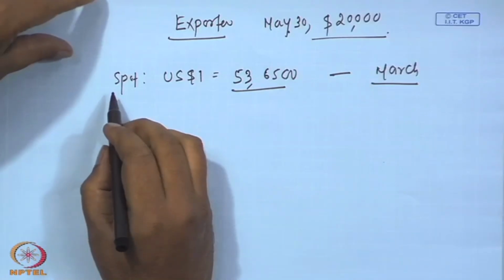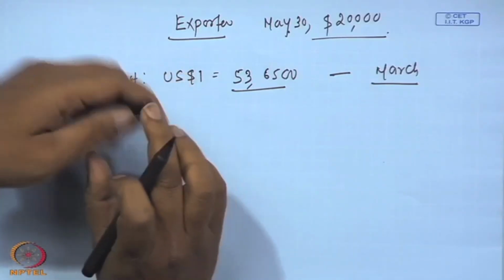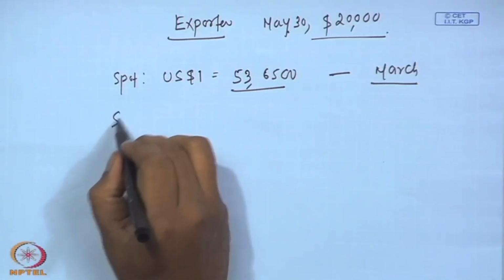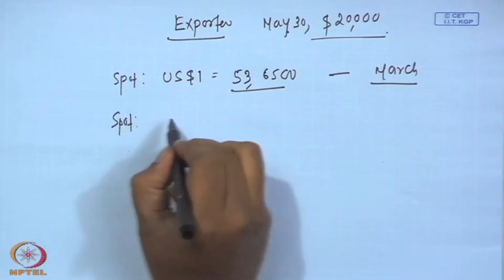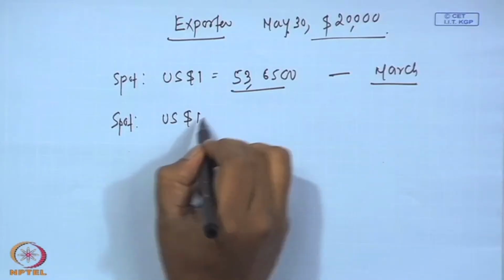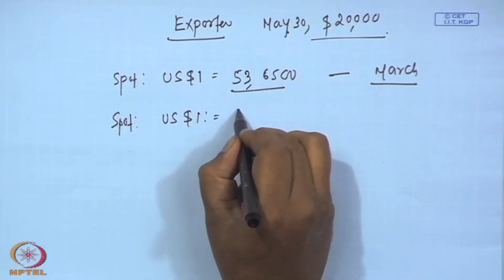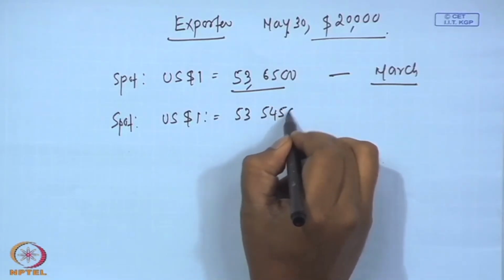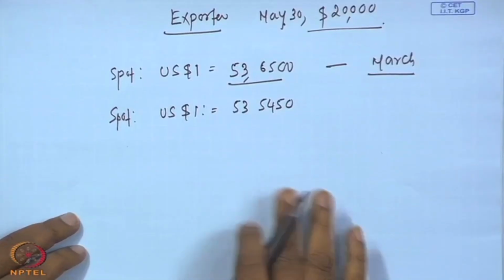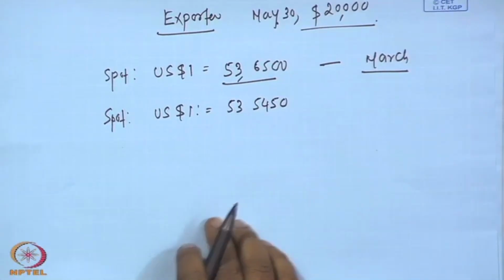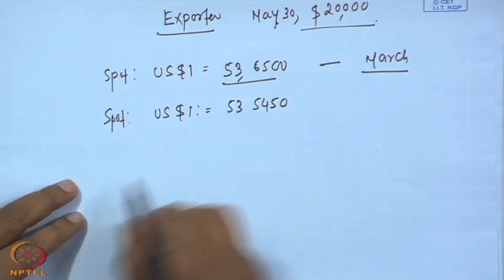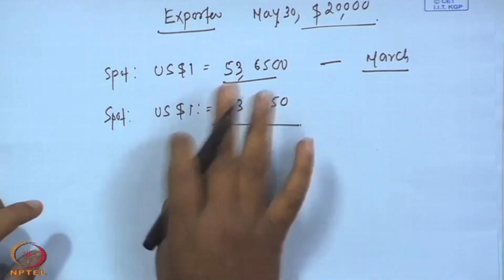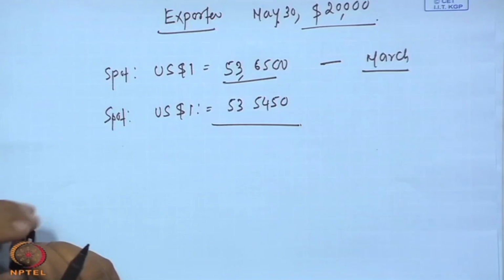Similarly, the spot exchange rate on May 30th is given to us. Suppose the spot rate for USD 1 on May 30th is 53.5450. Suppose we come to know the spot exchange rate on May 30th will be 53.5050. What is the loss if we do not purchase any forward or future contract?